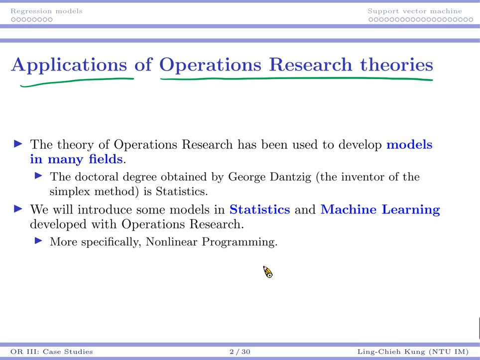In fact, one very good example or very good story is that we all know George Dantzig. George Dantzig is the inventor of the simplex method. So many people typically say it is George Dantzig that started the whole field of operations research.